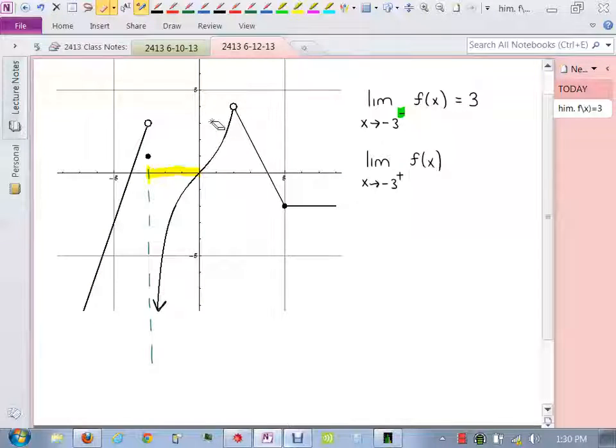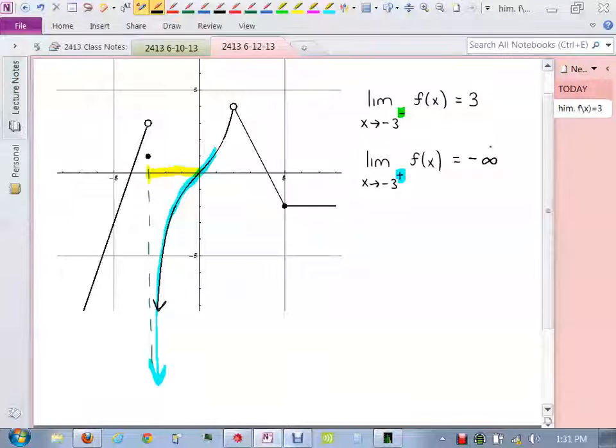I'm still looking at -3, but now I'm walking along the function on the left side. I'll do this one in an aqua blue. I said right side. Right side. The plus sign here means I come in from the right. So I'm walking along the function somewhere over here, and where am I headed? I just keep dropping down and down forever, right? Down forever is -infinity, isn't it? So the result here would be -infinity.